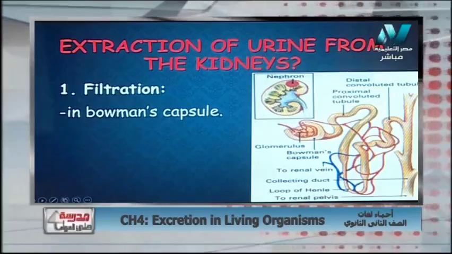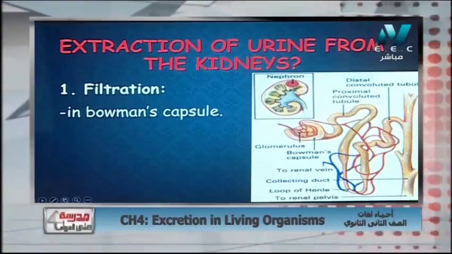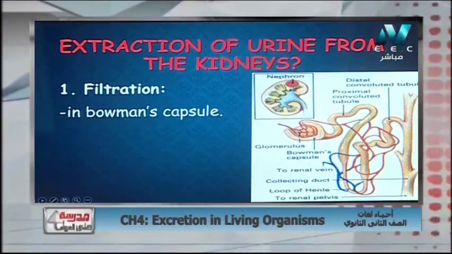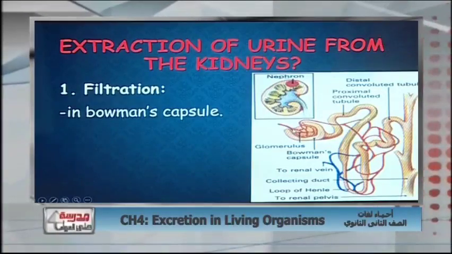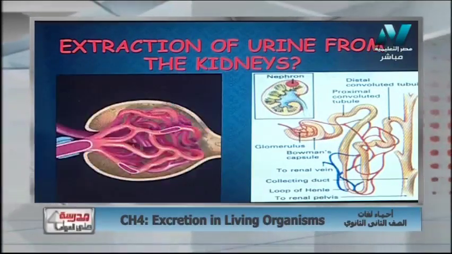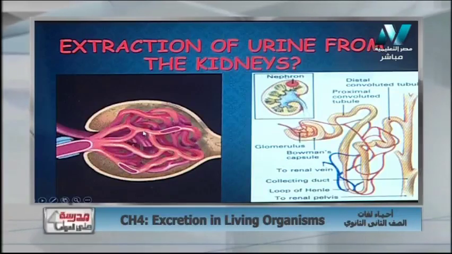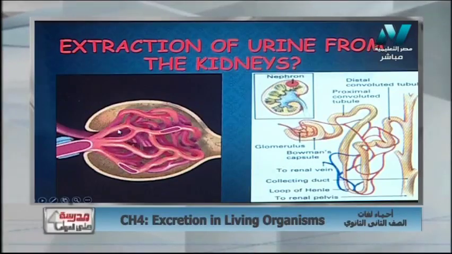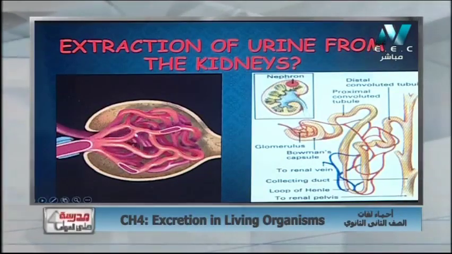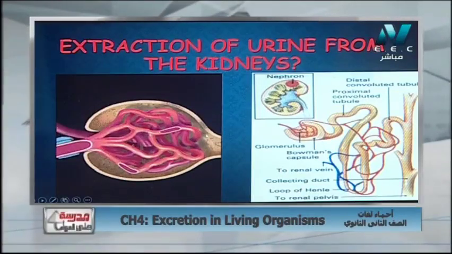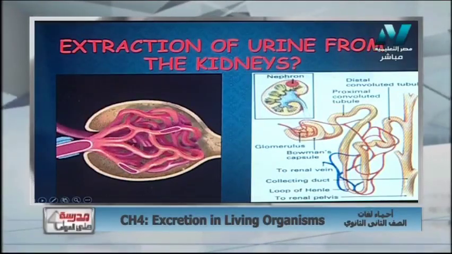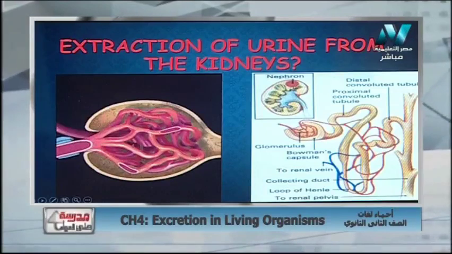Now, the first step in extraction of urine is called filtration. In filtration, the plasma of the blood, which is found in the glomerulus, is filtered out into Bowman's capsule. Can you see this picture?